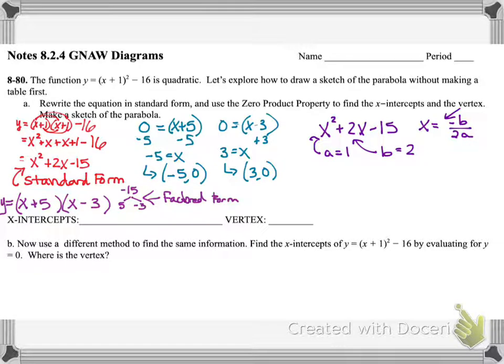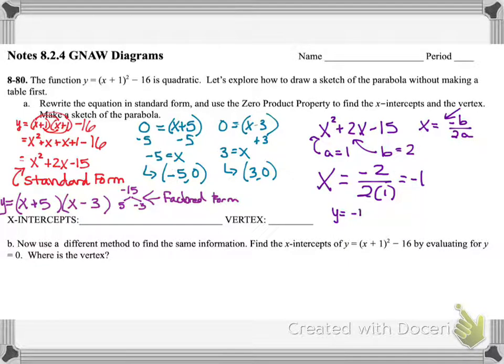If I plug those into the equation, negative 2 over 2 times 1. If I plug that in, that's a negative 1. So that's my x value of my vertex. Then I have to plug that back in. This is such a waste of time because we're given it in standard form.